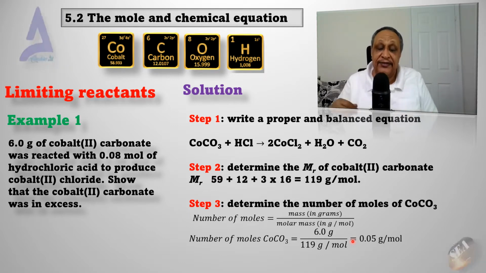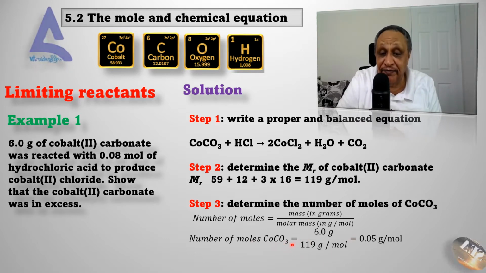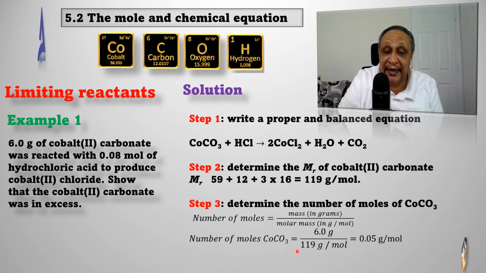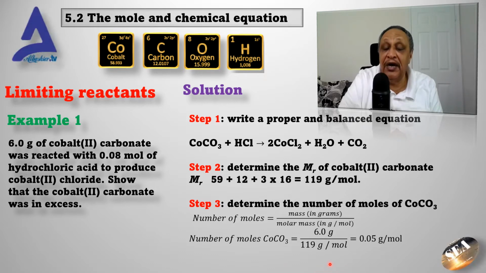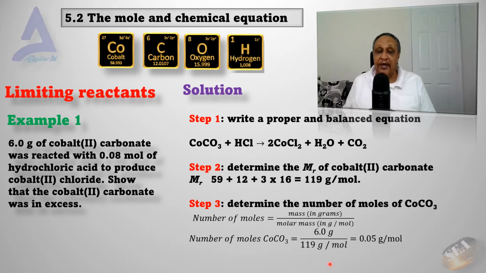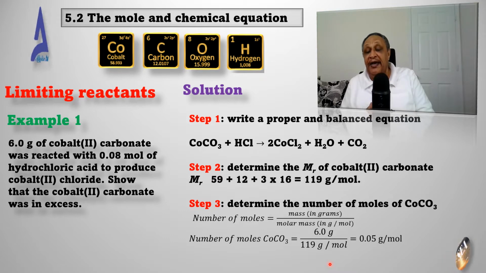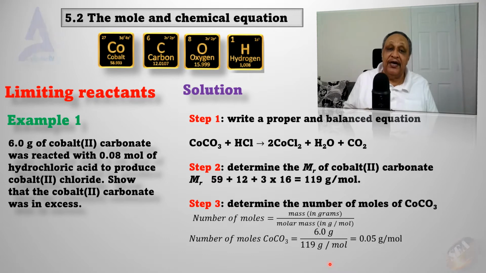Using the equation that says the number of moles equals the mass in grams over the molar mass, the number of moles of copper(II) carbonate equals 6 over 119, which is 0.05 mole. So now I have determined how many moles are found in 6 grams of copper(II) carbonate.